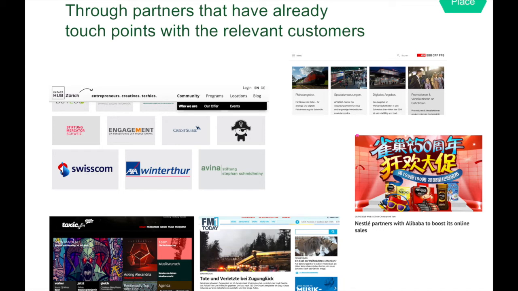So the lower one is more the idea of selecting the right partner that has the contact to the right customers. And obviously, radio stations typically depend significantly on ad money. So radio stations are very, very happy to collaborate with you, to offer their touchpoints to their customers. So here it's really a question of selecting the right radio station where my potential customers are actually to be found, or at least to be found at certain times.